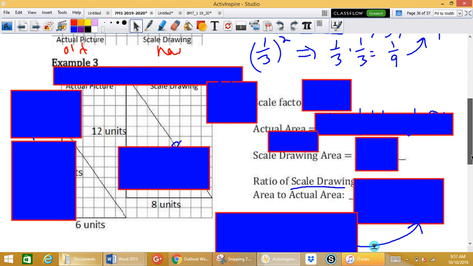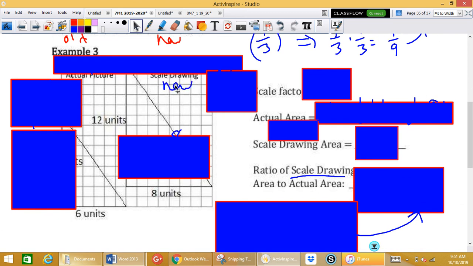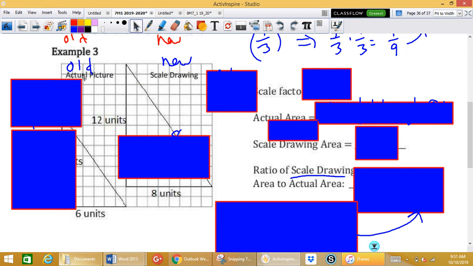The next one. The actual and the scale. So new over old.